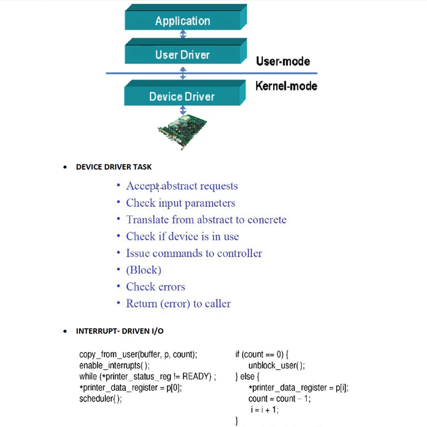Now, what is the device driver's task? It accepts the abstract request. Second, it checks the input parameters. That is what I am talking about: what the input parameter is. Then it transfers the abstract to concrete.